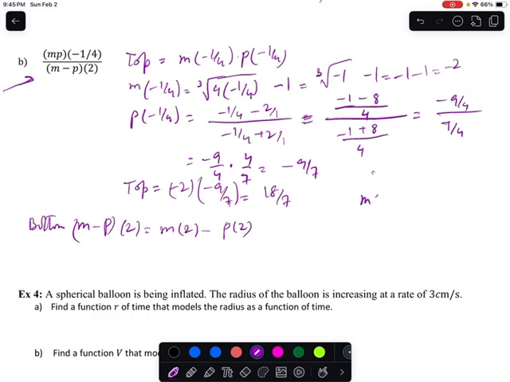So M of 2 will be cube root of 8 minus 1, or 2 minus 1, or 1. And P of 2 will be 2 minus 2 over 2 plus 2, so 0 over 4, which is 0. So this quantity is equal to 1 minus 0, which means 1.